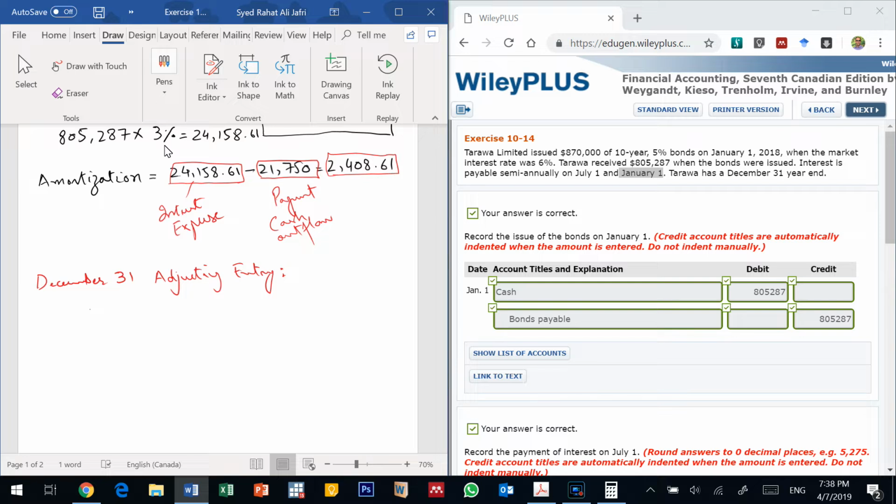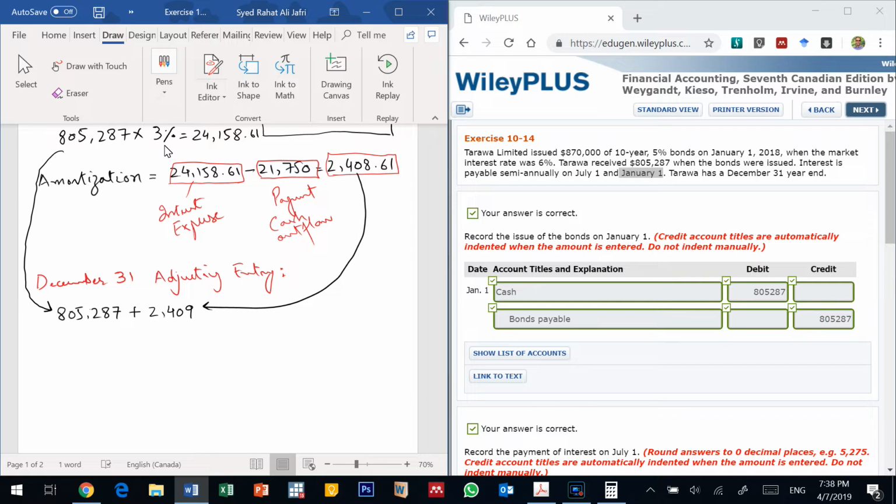Carrying value of the bond now is the opening balance, which was 805,287, or the proceeds that we received by issuing this bond, plus the amortization, which is 2,409, and this number is coming from here, and this number is coming from there. So that was the opening balance.